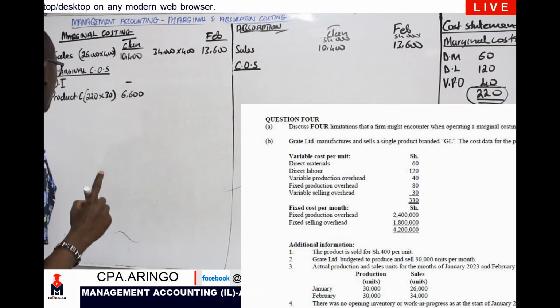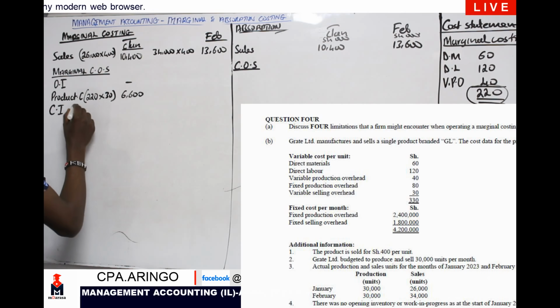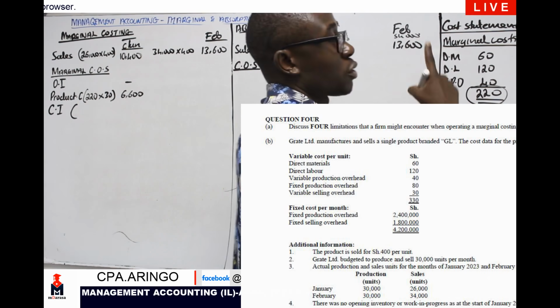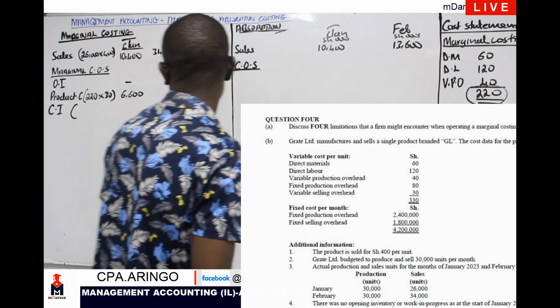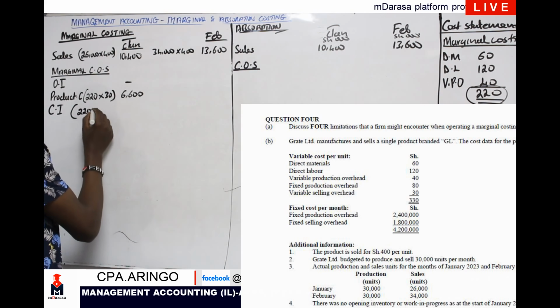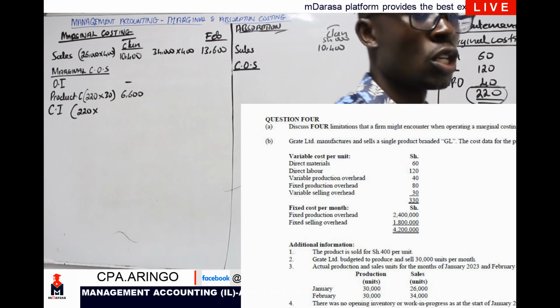Go to the next bit, closing inventory. What is our closing inventory? We go back to our product cost statement. That's why it is very important for us to prepare this, which I'm having 220. I want a good student to tell Mwalimu what will be our closing inventory in this case.